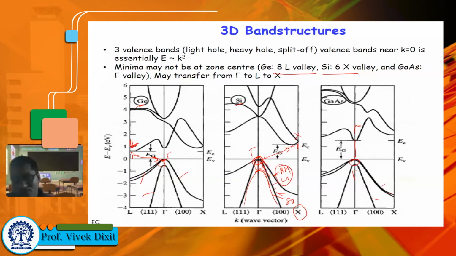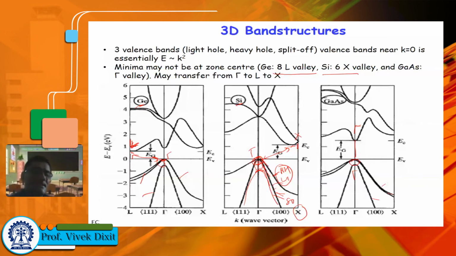So when you have to calculate for all these 6 or 8 equivalent valleys, you will have to add them together in a certain fashion to calculate the actual effective mass of the carriers, right? So the number of valleys will come into the picture when we calculate the density of states, or density of states effective mass or conductivity effective mass. So they will come into the picture. Right now it is clear.